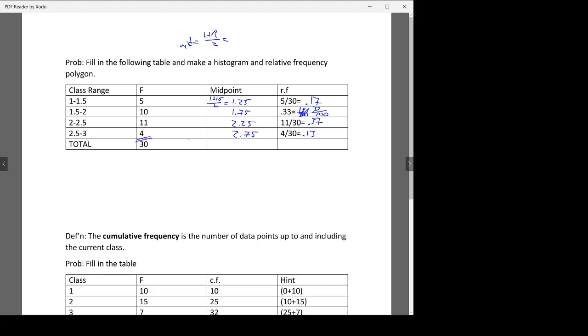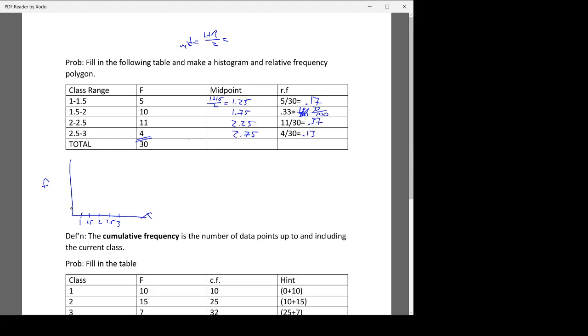Oh, it says make a histogram and a relative frequency polygon. So for the histogram of this guy, if we want X and F, our X values we got 1, 1.5, 2, 2.5, and 3. And the frequencies go up to 11. So the highest one's 11.